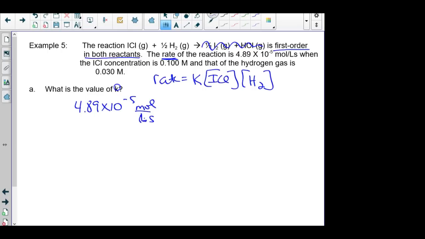Yes, you must show your units. Equals K, which we don't know because it's asking us to solve for K, times the concentration of ICl. It tells us the concentration of ICl is 0.100 moles over liters. Concentration of H2 gas is 0.030 moles over liters. Both of them are first order.